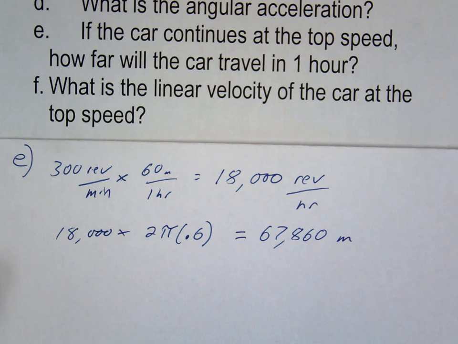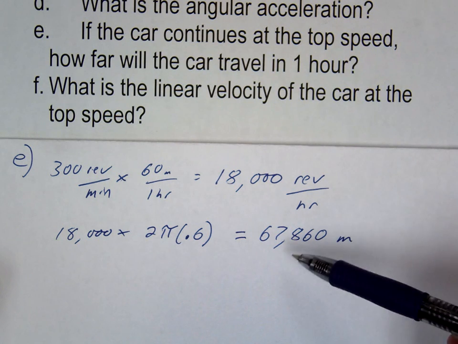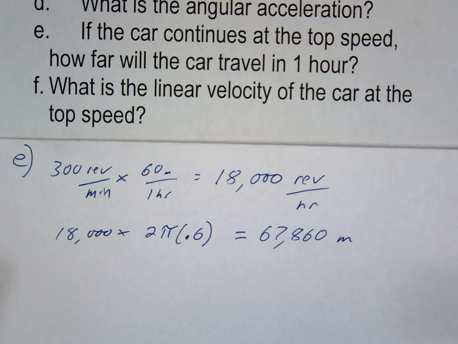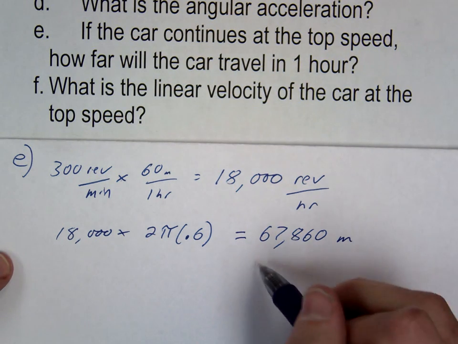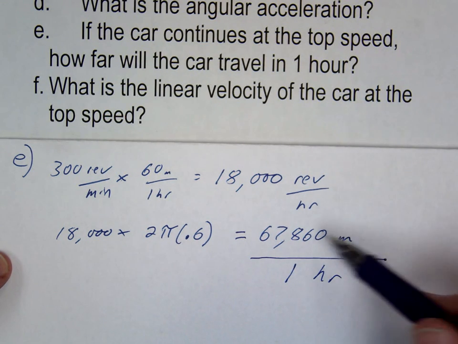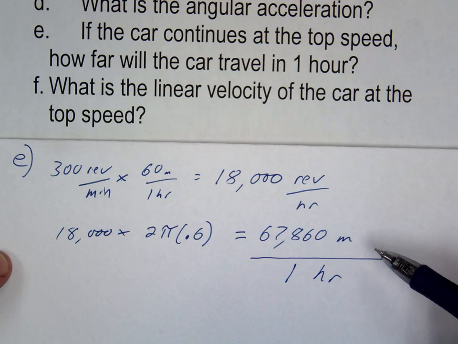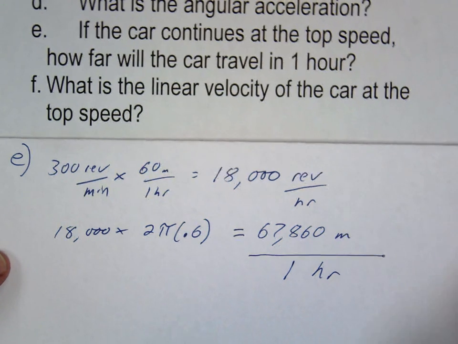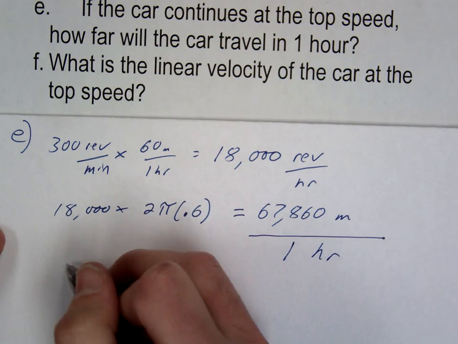Okay. How are we going to find the velocity? So this just told me that I traveled almost 68,000 meters in how long? 1 hour, right? We just traveled that many, so that actually is a speed, right? Meters per hour. Now that's not the common speed we're going to want to use. What are we going to convert that into?